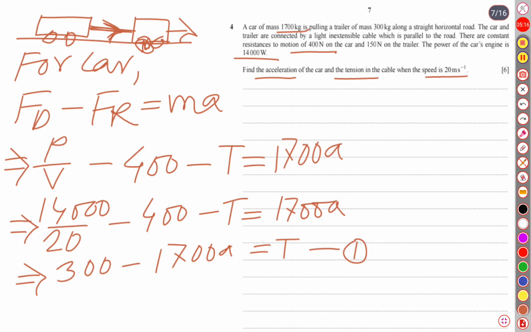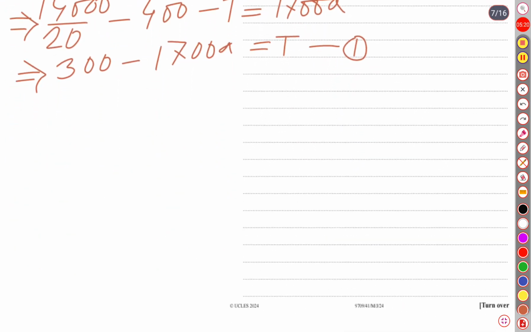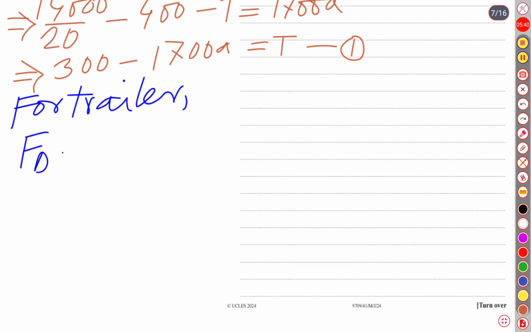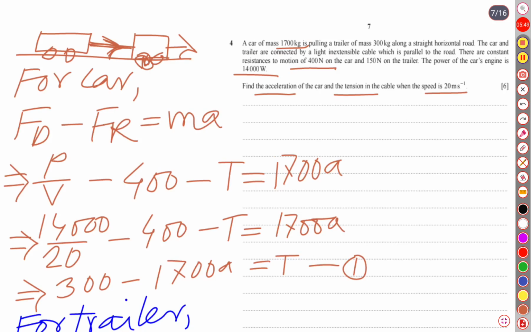Let's form the other equation using the trailer. So for trailer, same concept we should apply. For trailer, driving force minus resistance force is equal to mass into acceleration, and the driving force of the trailer is nothing but the tension over here.